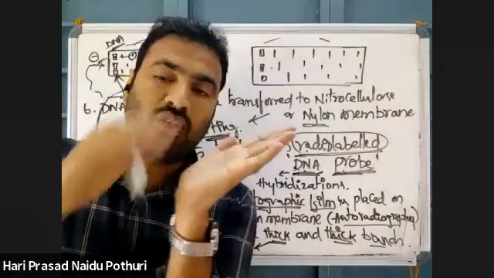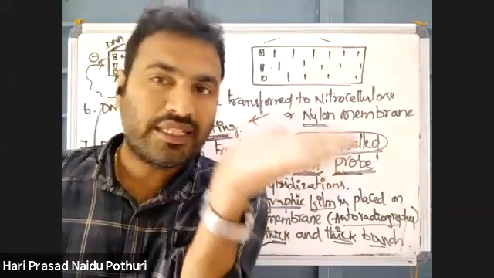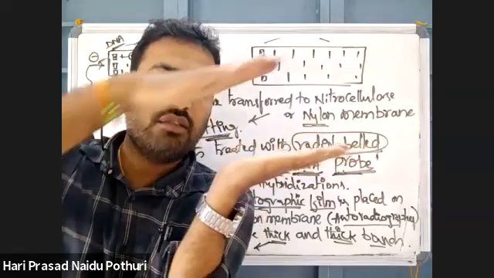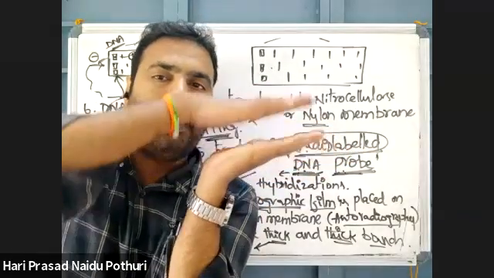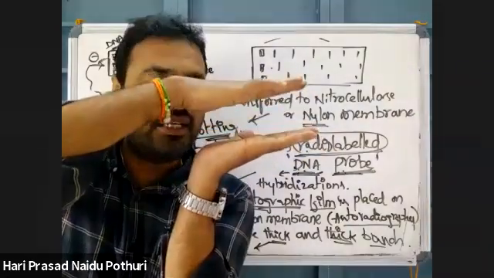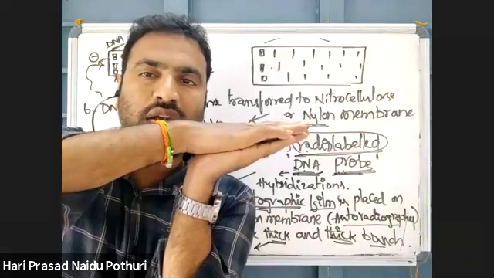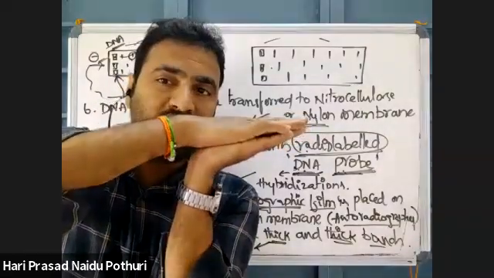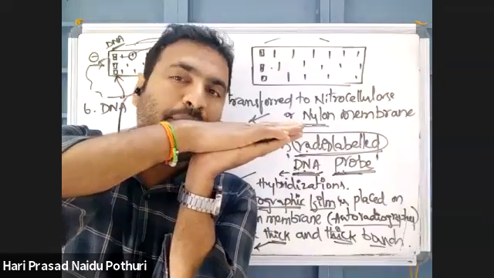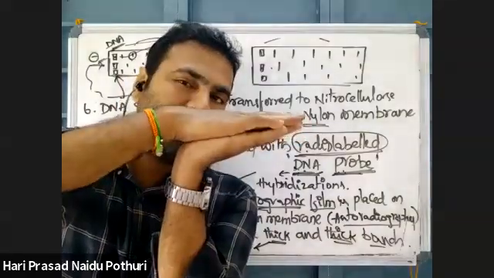Now, from that agarose gel electrophoresis, the DNA fragments present on it are transferred to a nylon membrane. A nylon membrane is kept over the agarose gel and it is subjected to a buffer solution. Due to that, capillary action will be there.